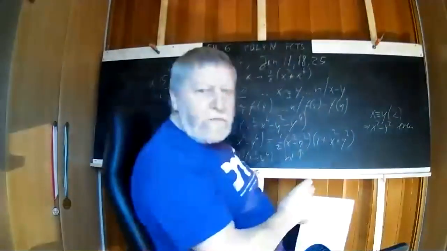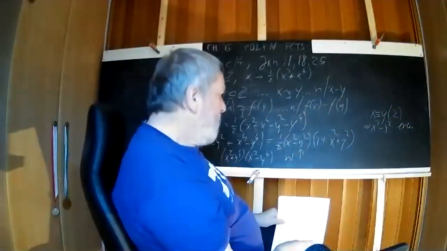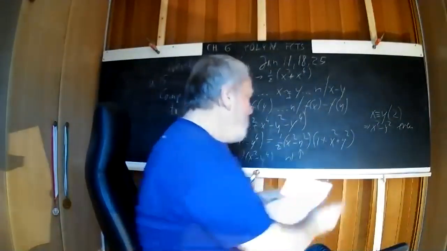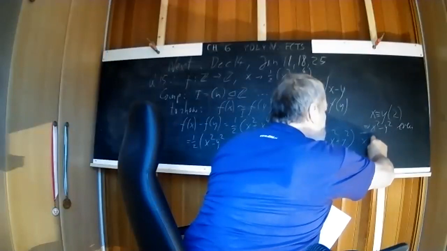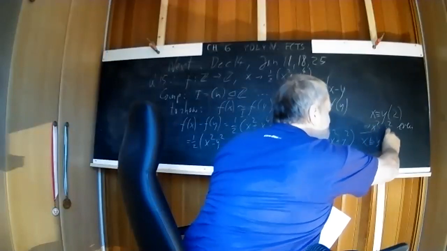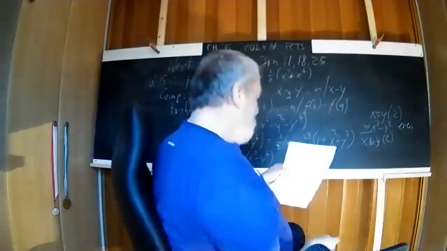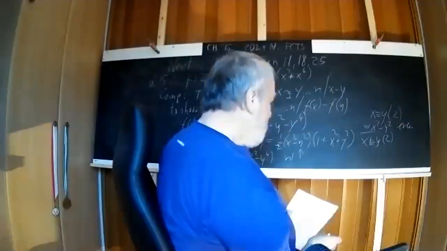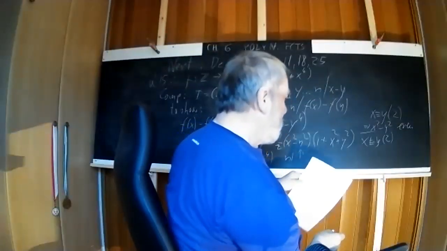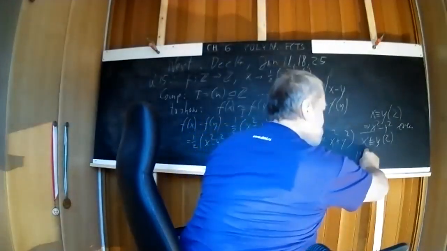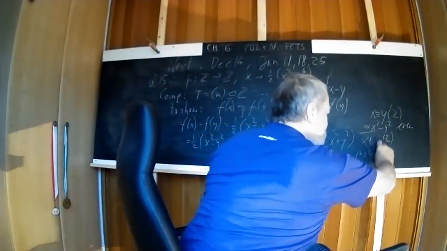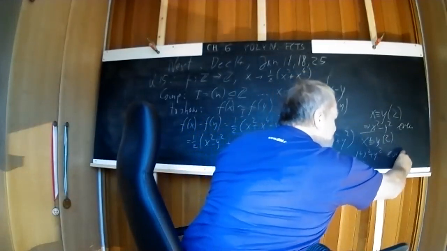And if x is not congruent to y modulo 2, then x squared plus y squared is odd, and 1 plus x squared plus y squared is again even.